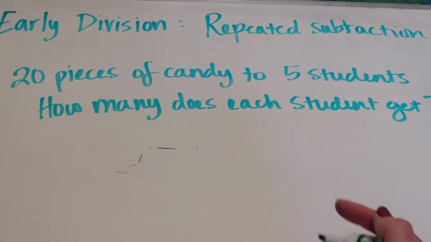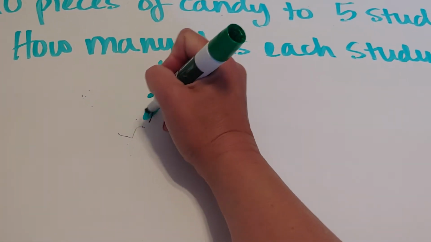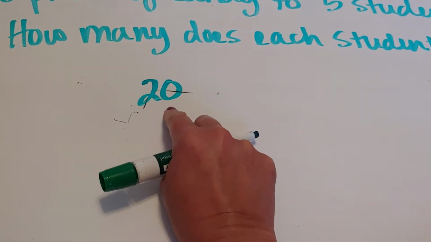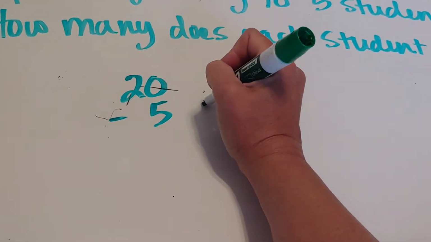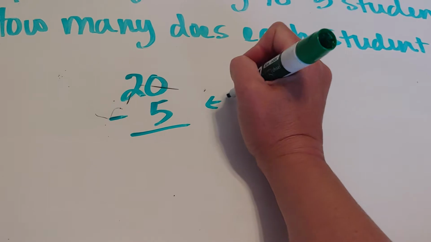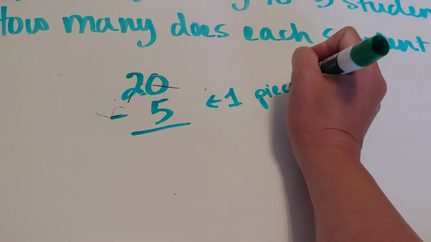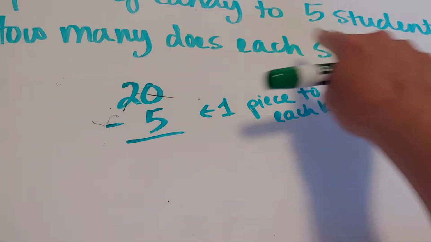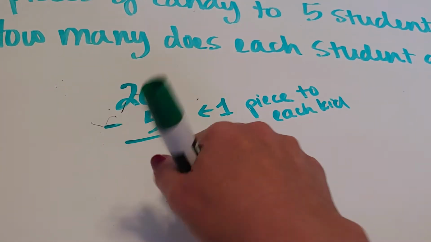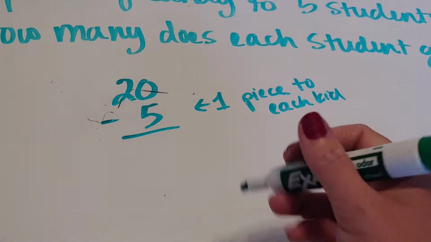Okay, so imagine I have my pile of candy. So that's my pile of candy. And now I'm going to subtract 5 out, and this is representing 1 piece to each kid. You don't have to write these notes, by the way, but I'm just telling you that that's what it represents. I'm passing out 1 to each kid.